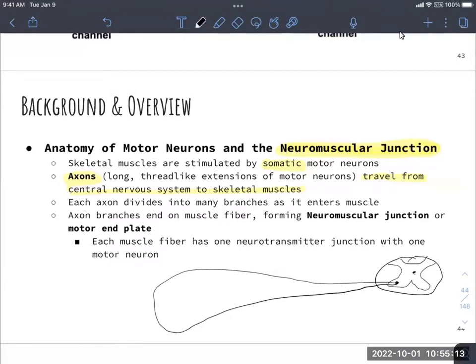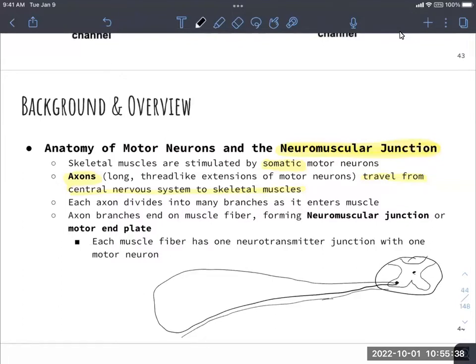So this long section here, this is an axon. Axons can be extremely long. Think about muscles that move your toes. Think how long that has to be, coming out of your spinal cord in your back, going all the way down to those muscles in your toes to let your toes move.